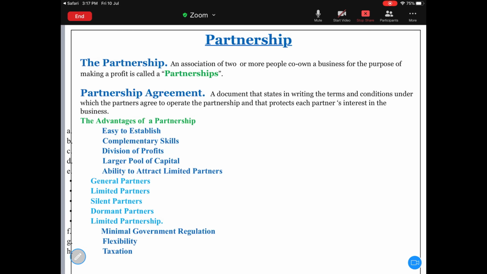All these things are to be very clearly written. And in this way, each partner's interest in business is safe, or protected.